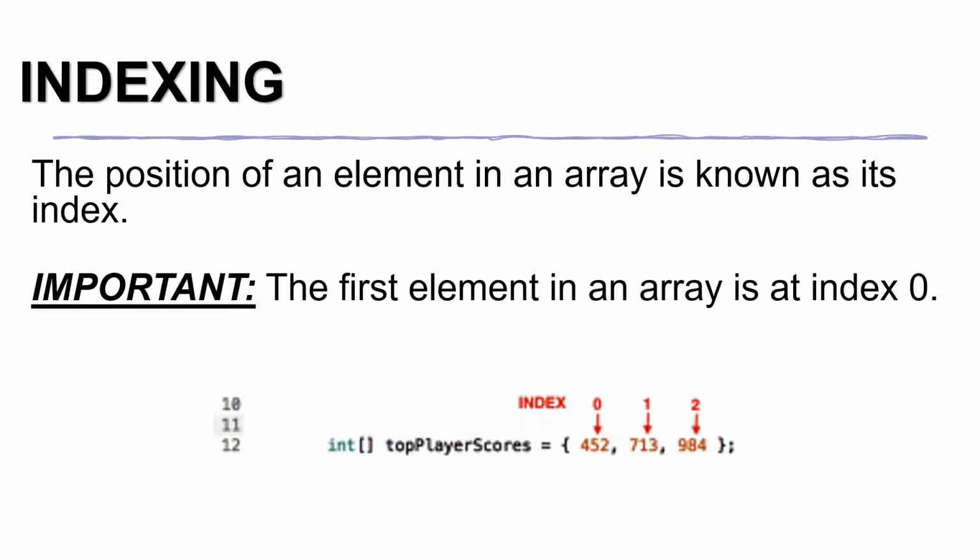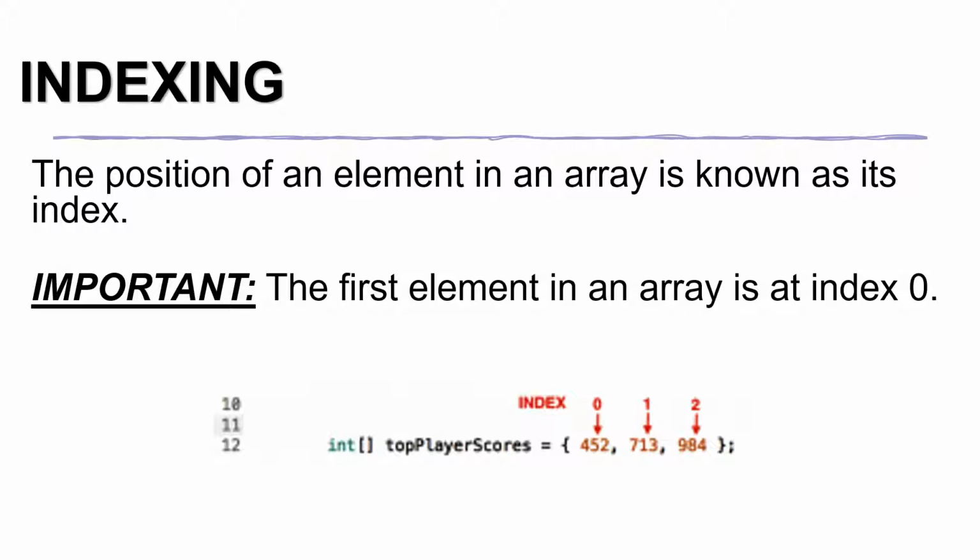An important concept to understand with arrays and other collections as well is this idea of indexing. So how do we access the different elements in our array? We do that by knowing its index.